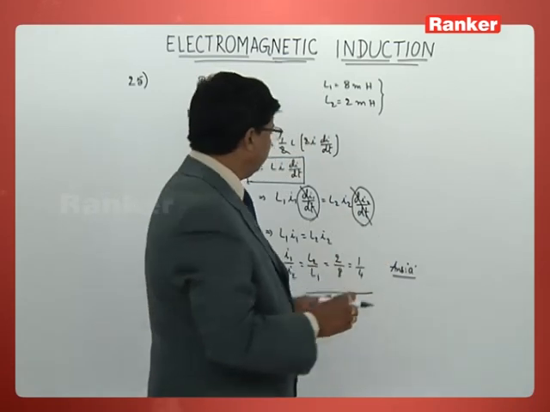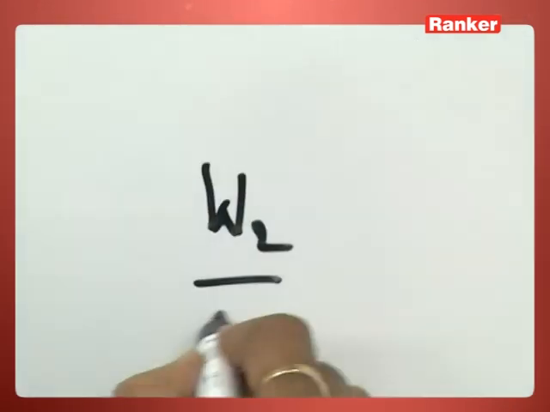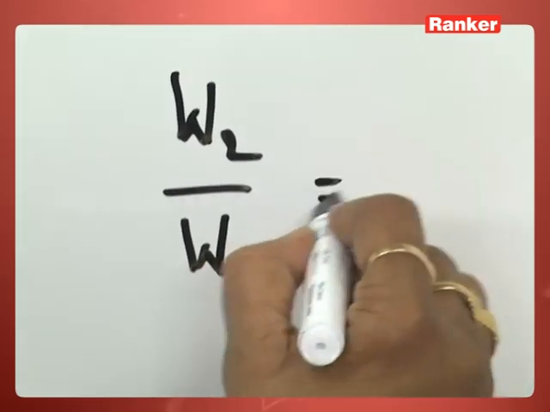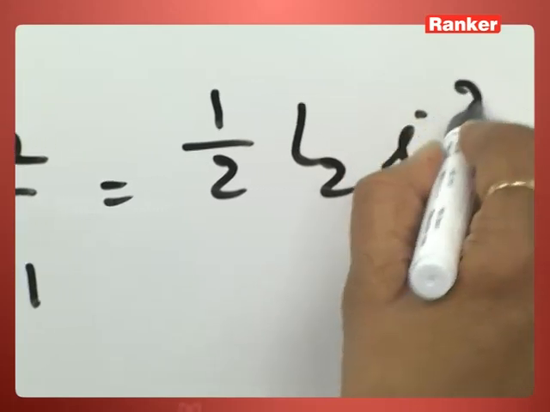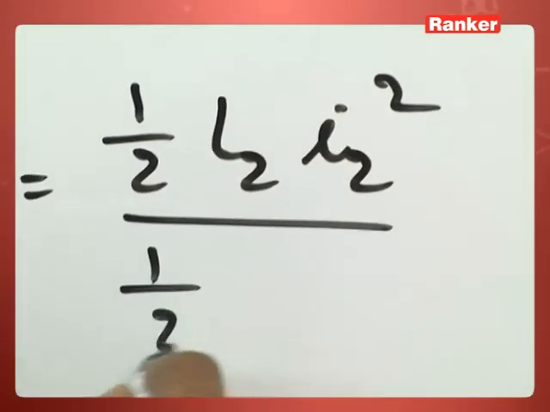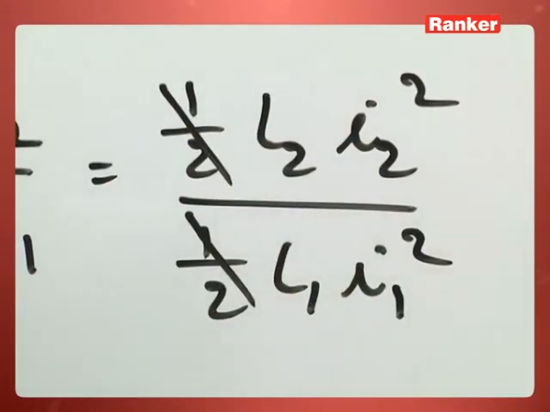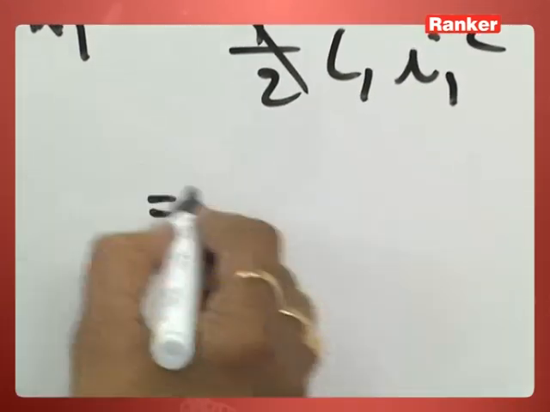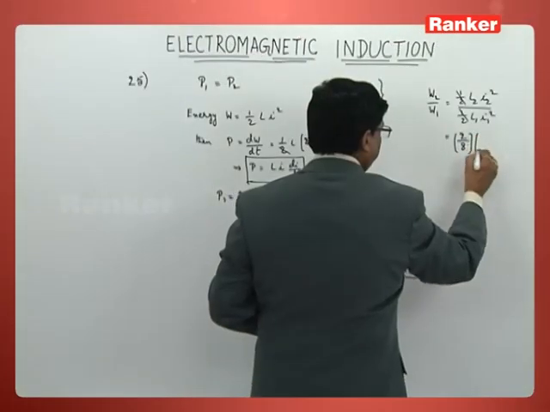So let us try that one, whether that is correct or not. W2 by W1, when I write half L2 I2 square by half L1 I1 square, half getting cancelled. L2 by L1, it's 2 over 8. Till that extent, okay.